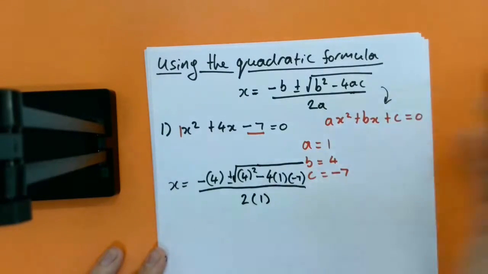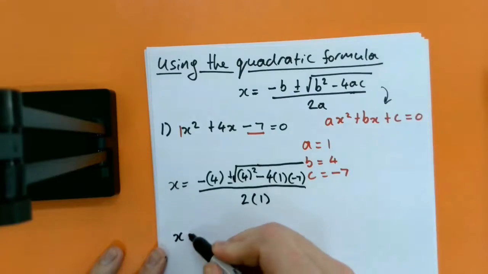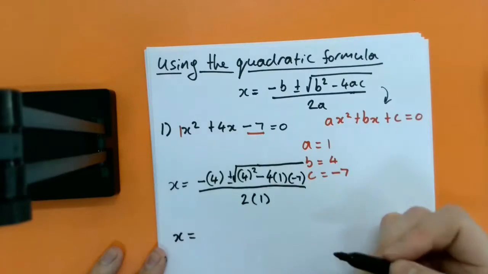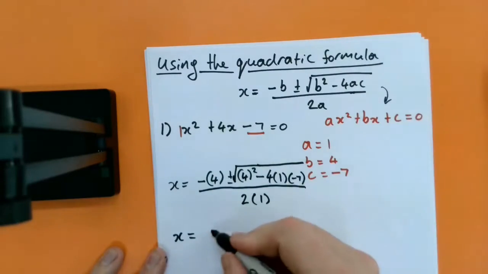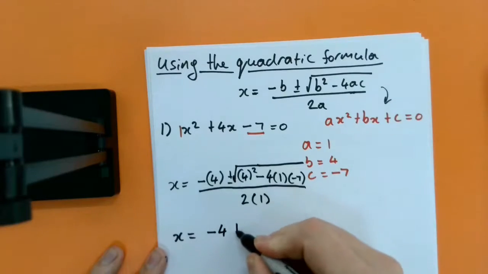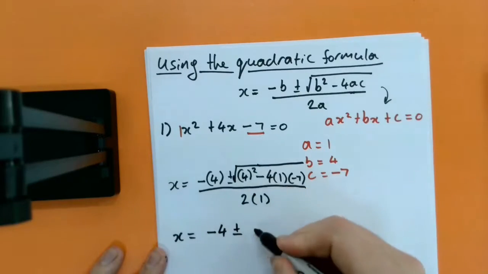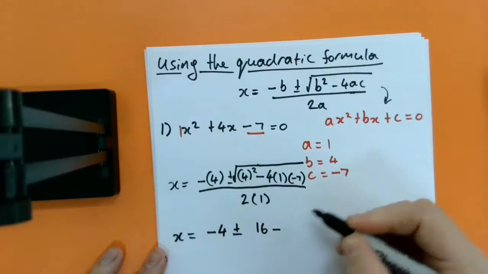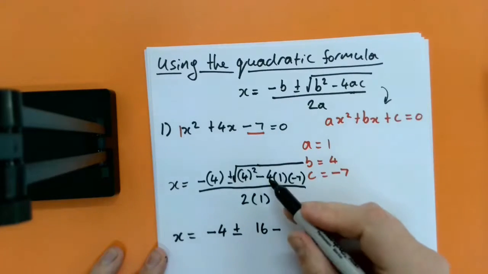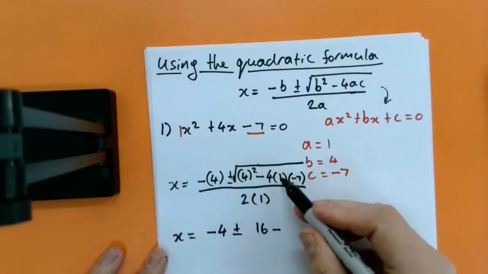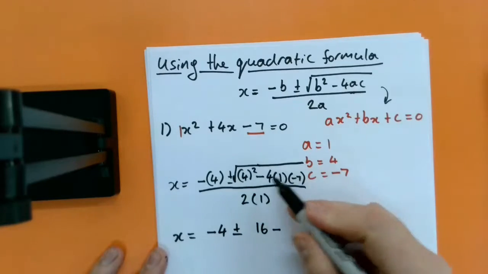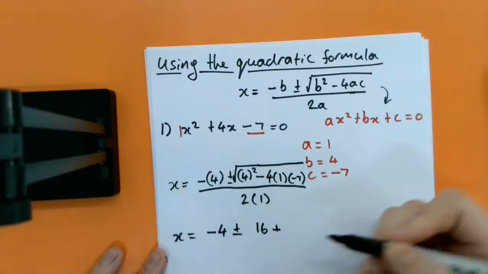Now we're just going to tidy everything up a little bit. Coming down the line, there are no negatives that we have to worry about for the term out the front, so that's just negative 4, plus or minus 4 squared, which is 16, minus, just be careful, minus 4 times 1 is still 4, times 7 is 28, but we have 2 negatives, making it a positive.